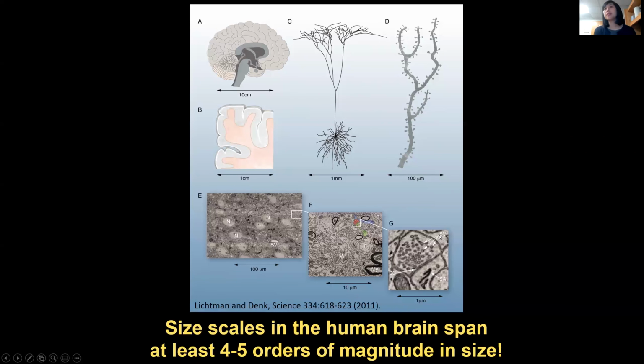On the other end of the size spectrum, electron microscopy and other microscopic imaging tools can render those connections between neurons, axons, and dendrites with voxel sizes of less than 100 nanometers cubed. So you can see that the size scales in the human brain span at least 4 to 5 orders of magnitude, and it becomes an enormous challenge in terms of mapping human brain structure.